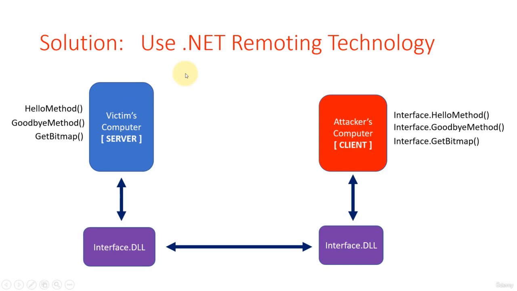There is a solution, and that solution is to use .NET remoting technology. Now, among all the technology that exists today, this is one of the older technologies in the Microsoft API for communication, and there are other newer technologies which have superseded this one.